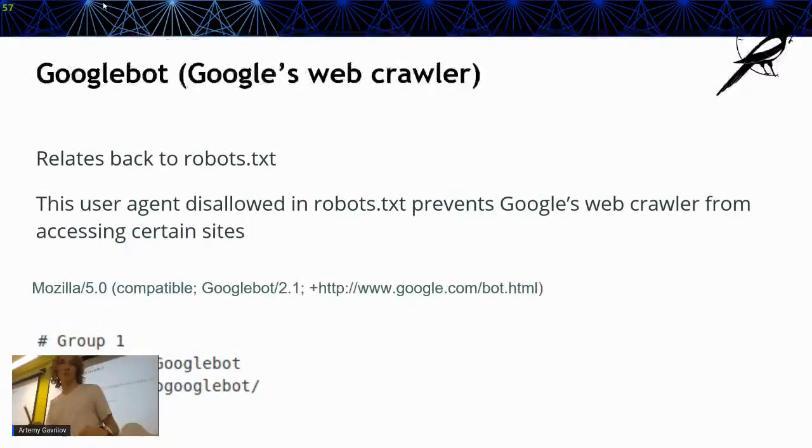Anyway, Googlebot, which relates back to robots.txt. Basically, it's another user agent, which prevents Google's web crawler from accessing certain sites. It's the same thing as we were doing, but it will search for a user agent and disallow it.